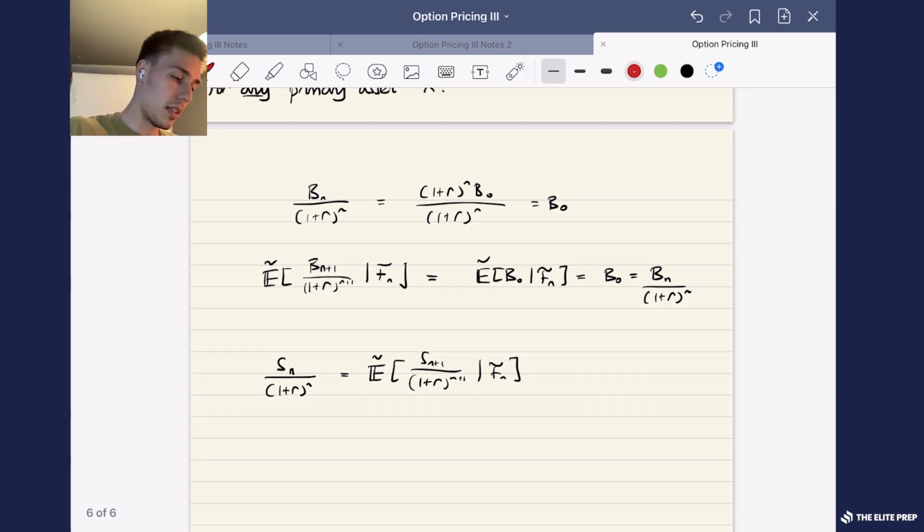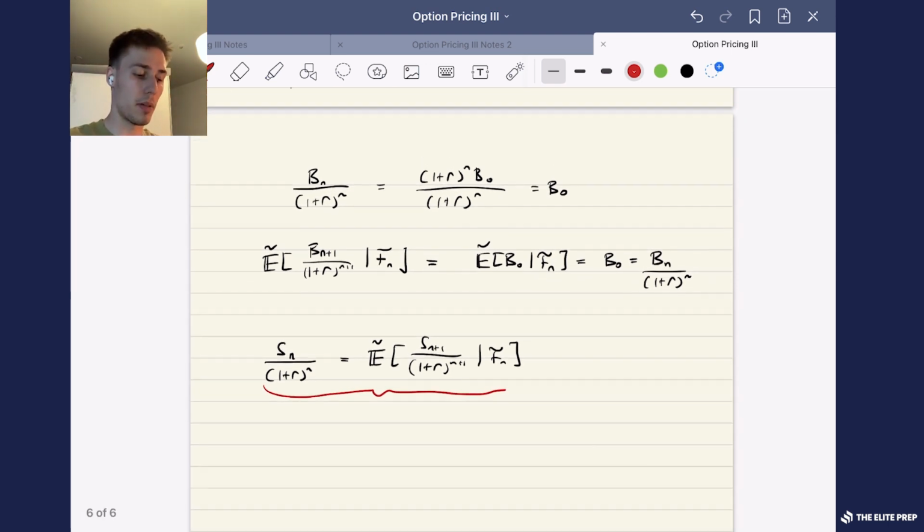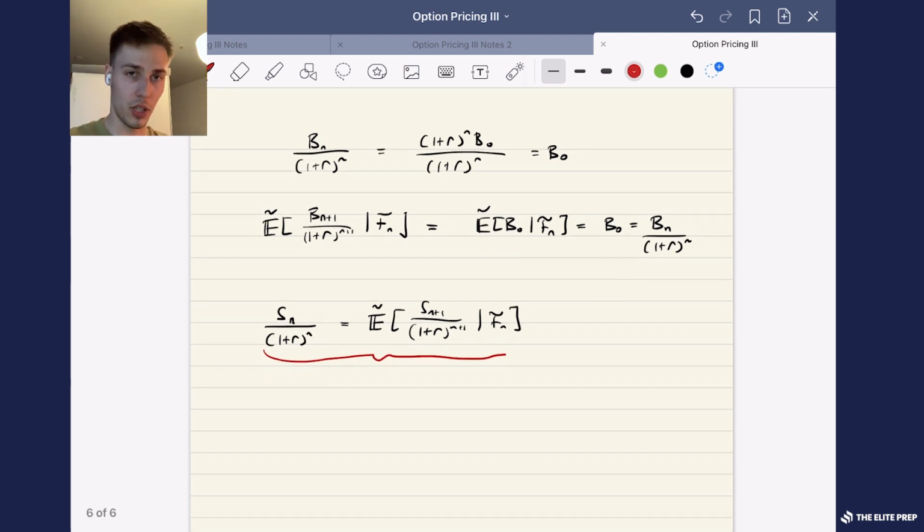And we can use this to derive the risk-neutral probability measure. That's just done by moving forward step by step and calculating the P at each step.